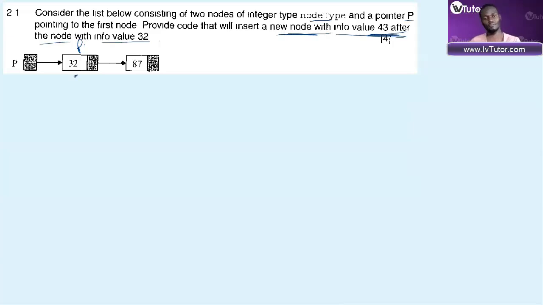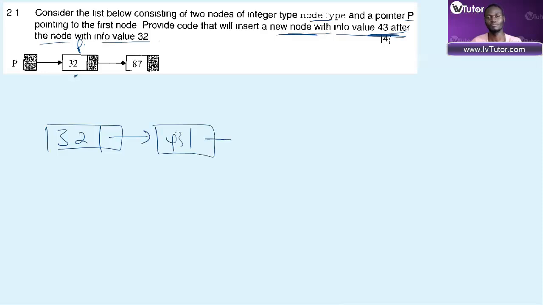So after everything, we want our list to look like this: 32 pointing at 43, probably pointing at 87, which is now nothing, or just pointing at nothing. So this is here our new node.